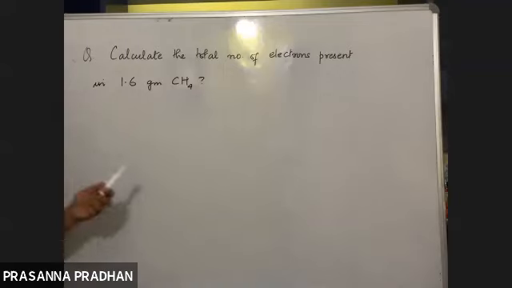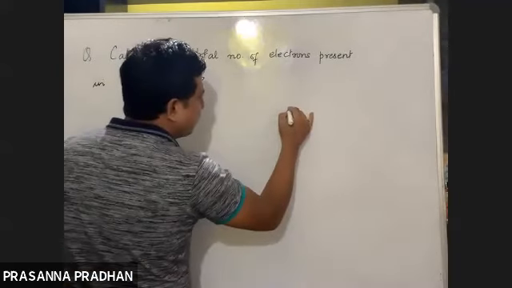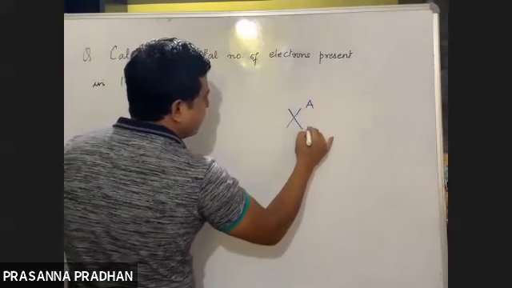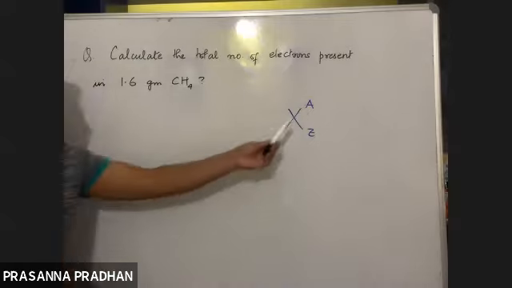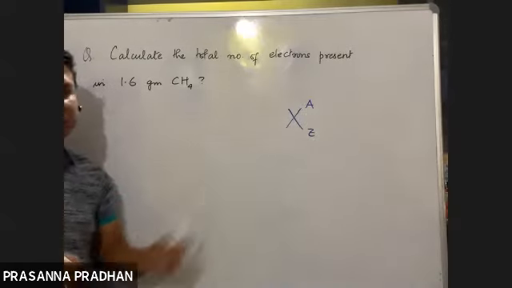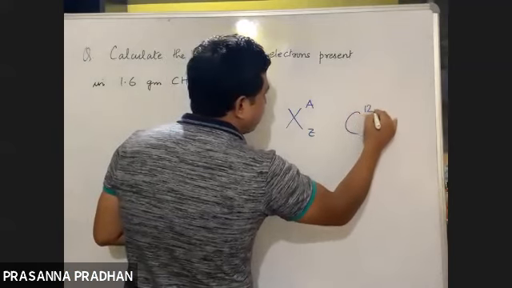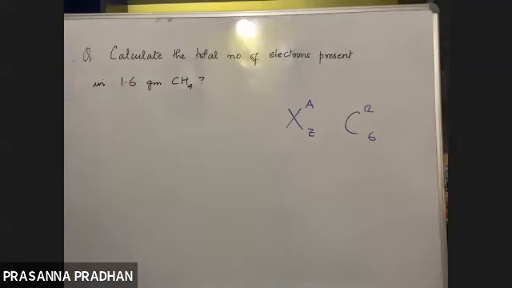Now, whenever we write down the symbol of an element, we write A, the atomic mass, and Z, the atomic number. This represents atomic mass and this represents atomic number. For example, carbon 12, 6. So 12 is the atomic mass and 6 is the atomic number.